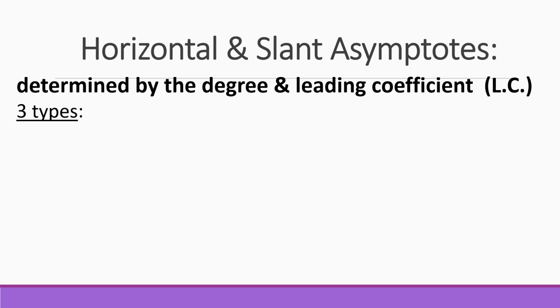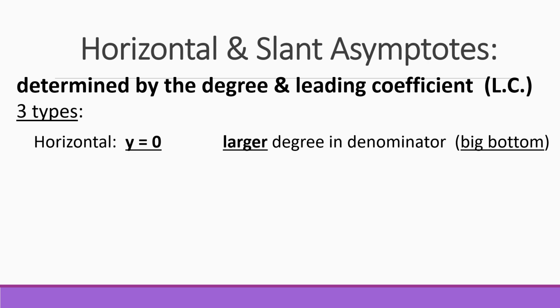Again, I use that abbreviation LC for the leading coefficient, so I don't have to write it. In order to determine the horizontal or slant asymptotes, we're going to look at the degree, biggest exponents in the function, and the leading coefficients. So we have 3 different types. I can have a horizontal asymptote at y equaling 0.